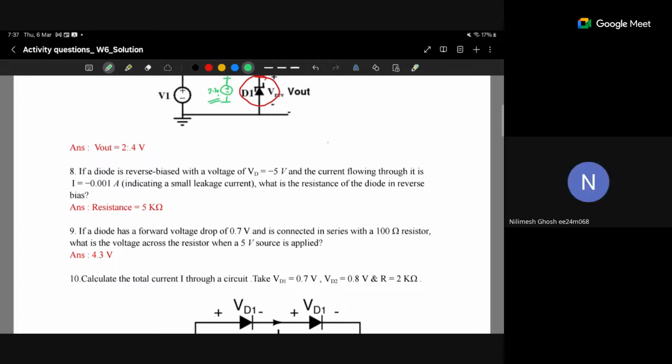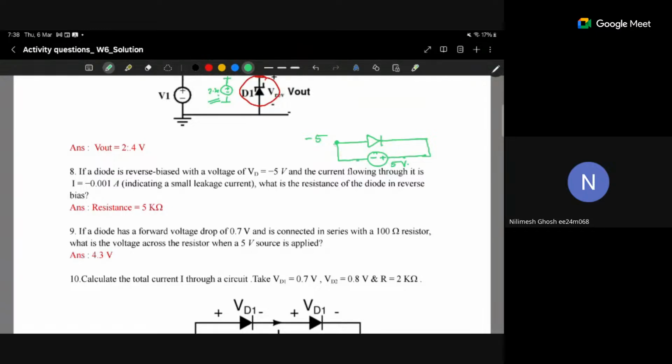So basically, he is trying to say that some diode is there, and we are putting a voltage minus V here. Instead of putting it this way, I can easily say this kind of voltage is given. This is 5 volt, considered this way, from here to here.